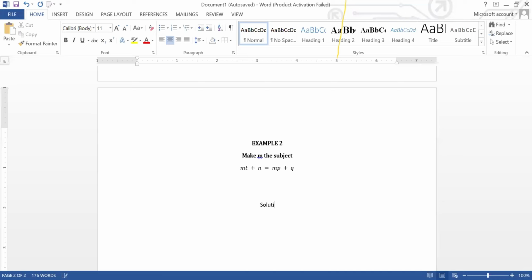This one does not have a bracket, so we move ahead to group like terms, right? So we have MT, since we want to make M the subject, minus MP, is equal to Q minus N. That's it. Then factorize M out.